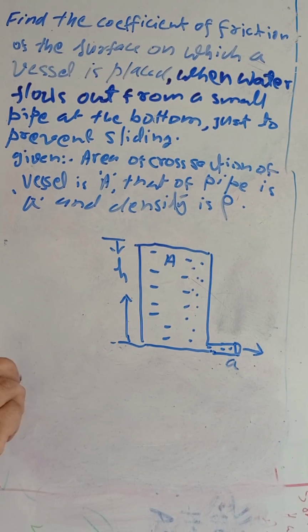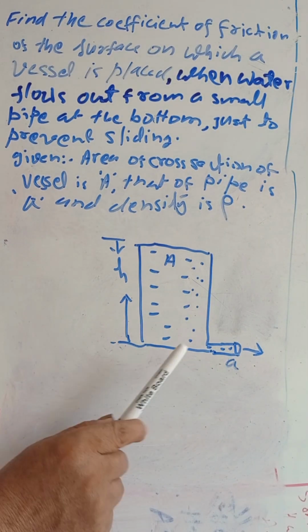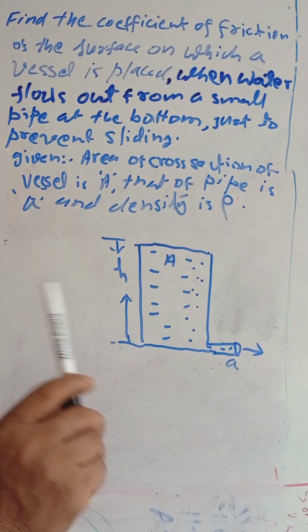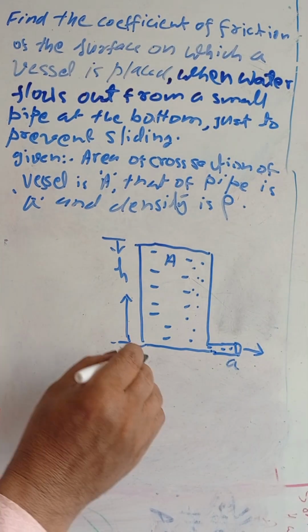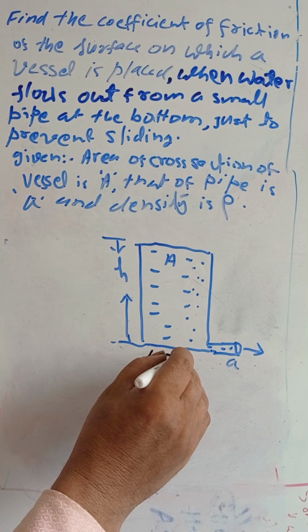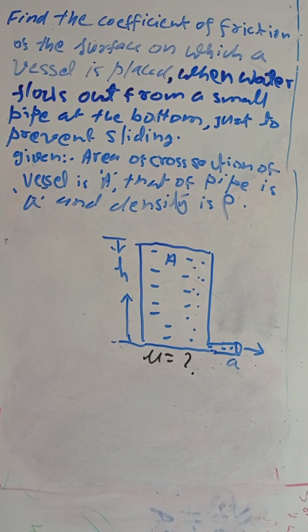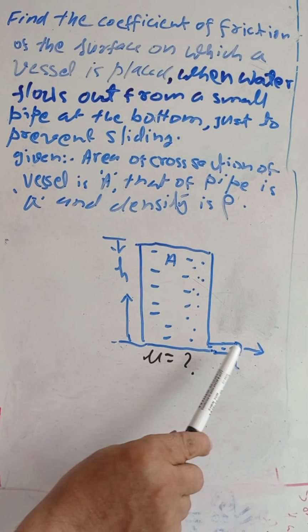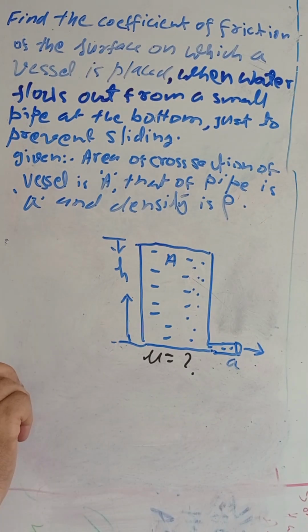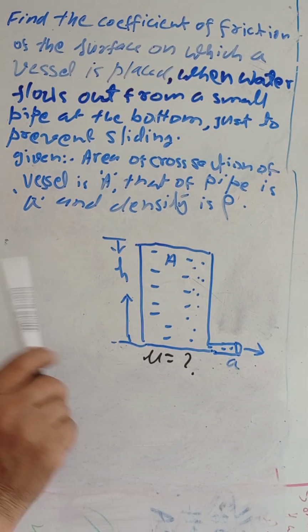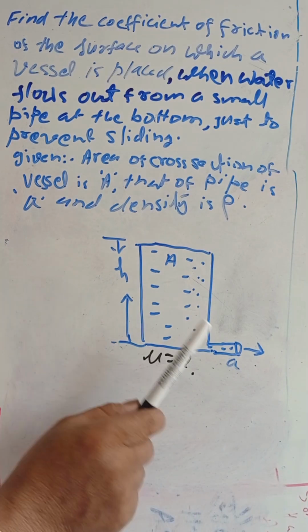Alright, first of all, why should this vessel slide on this ground? We want to know its coefficient of friction. This is because when this water is moving out, there is an outward thrust, an outward force, because the momentum is changing.